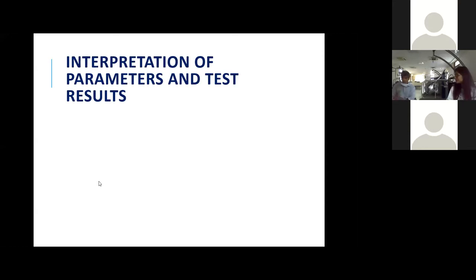Somebody just asked modified Bruce versus Bruce. So basically, modified Bruce is for people who are very deconditioned. Okay, so the normal Bruce protocol starts at 1.7 miles per hour. I'm using miles, not kilometers. It starts at 1.7 miles per hour at 10% grade.